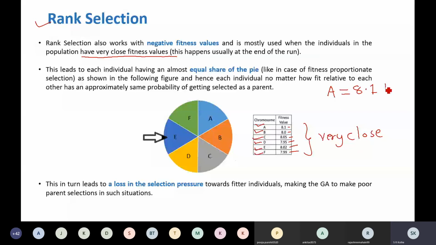So the probability of A should be higher than the probability of D being selected, right?